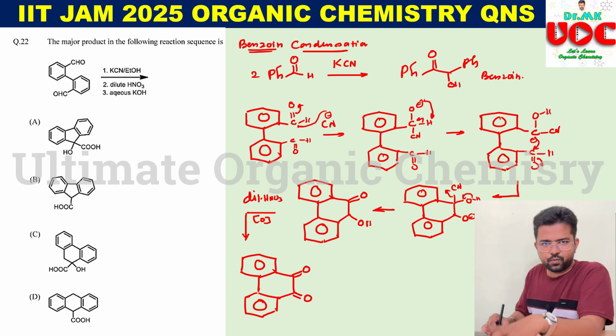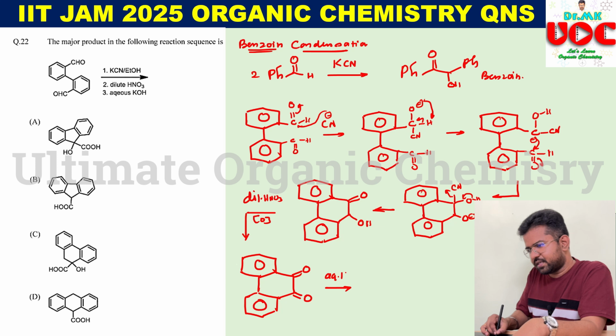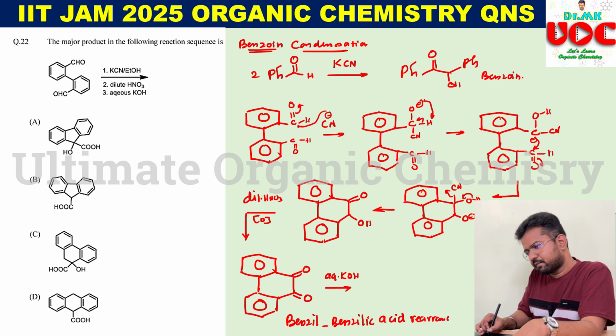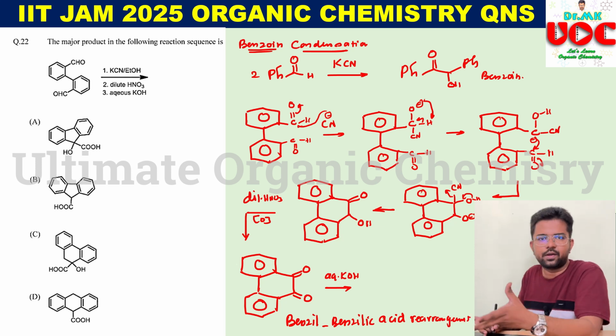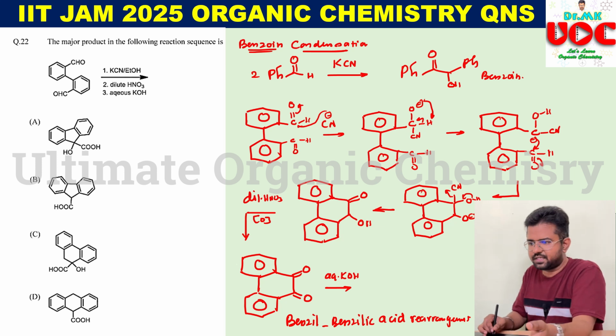When a 1,2-diketone is treated with aqueous KOH or aqueous NaOH, this reaction is called benzilic acid rearrangement. I don't have space here. You can get it from the internet also, this basic reaction.